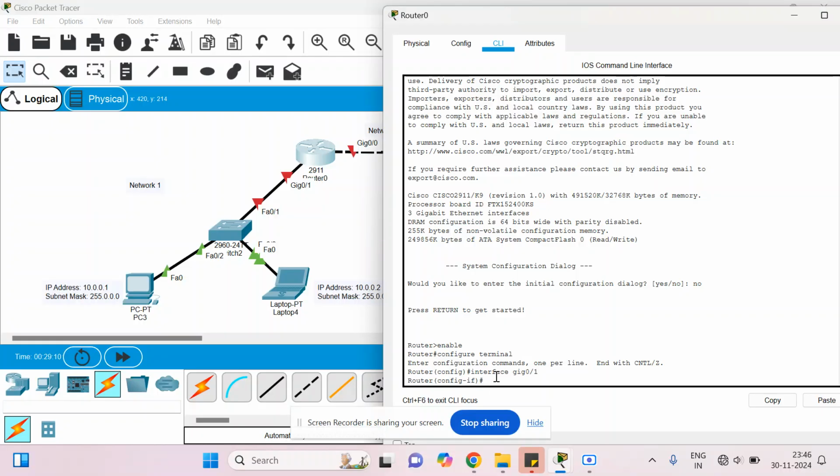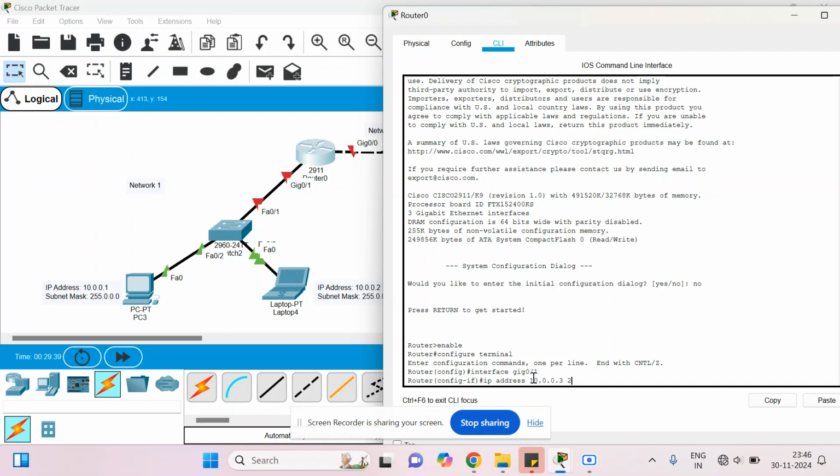Next command is we have to give the IP address: ip address. We have to give a 10 range IP address here because this gig 0/1 falls in network 1. So here I am giving IP address 10.0.0.3, since 10.0.0.1 and 2 we have already given to the PC and laptop. I can give 3 in serial order, or you can give any, 4, 5, 10, 100, any.